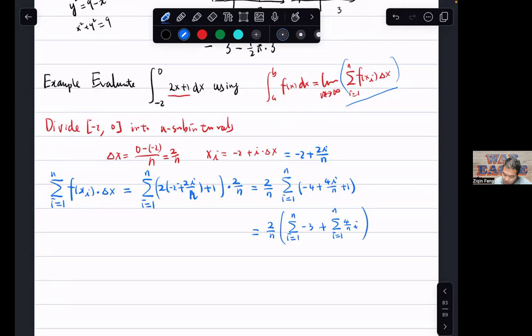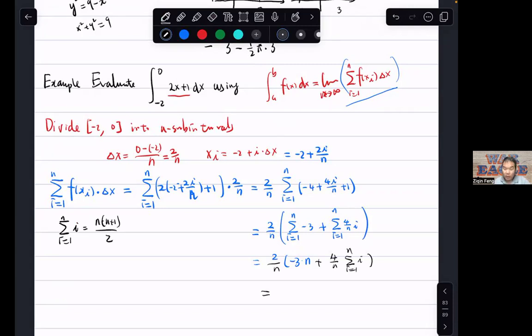The first term, by our discussion of summations, is -3 times n, times 2 over n, not 2 over 3, 2 over n. Then plus 4 over n times the summation i from 1 to n of i. By our discussion before, we know that the summation i from 1 to n of i is n times (n plus 1) over 2.